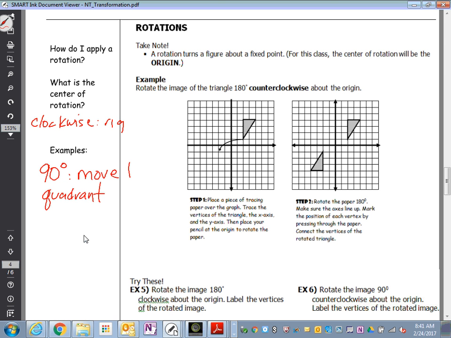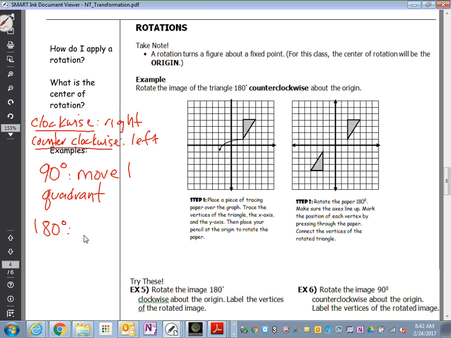Counterclockwise goes which way? Left. So clockwise goes to the right because that's how they're going to say it. Now, 90 degrees you'll need to know we move one quadrant, based on clockwise or counterclockwise, right or left.